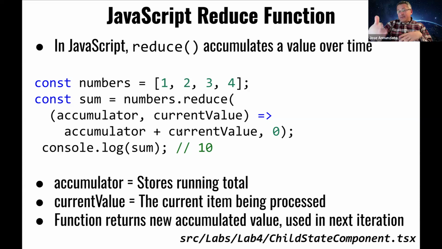You can provide the algorithm however you want to accumulate it, to compute an exponent, or factorial, or whatever you decide. It could be an object, and you accumulate it in any way. So that's where the name comes from, reducing some collection of data structures into an equivalent representation.